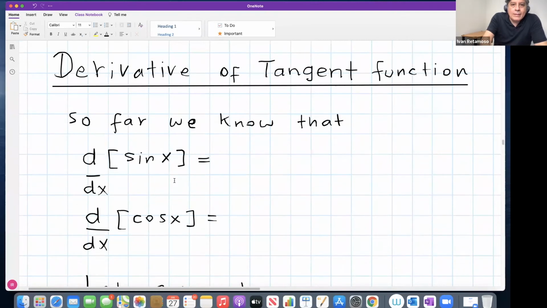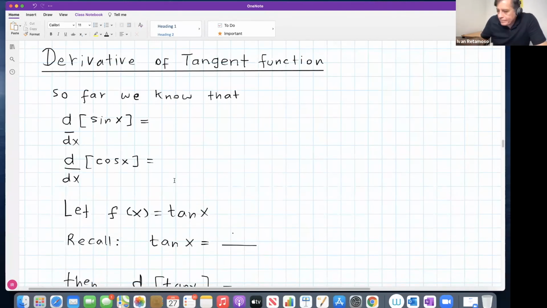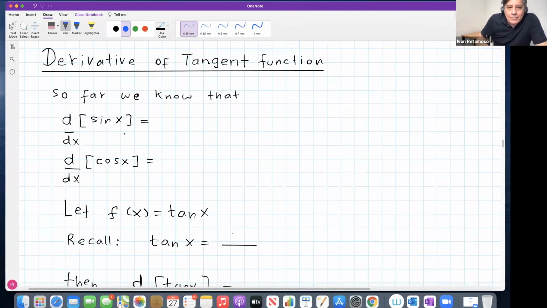Now let's talk about the derivative of the tangent function. So far, we know that the derivative of sine of x is equal to cosine of x, right? We have memorized this. The derivative of cosine of x is equal to minus sine of x, right? We know these two results by heart now. But what about the derivative of the function f of x equals tangent of x?